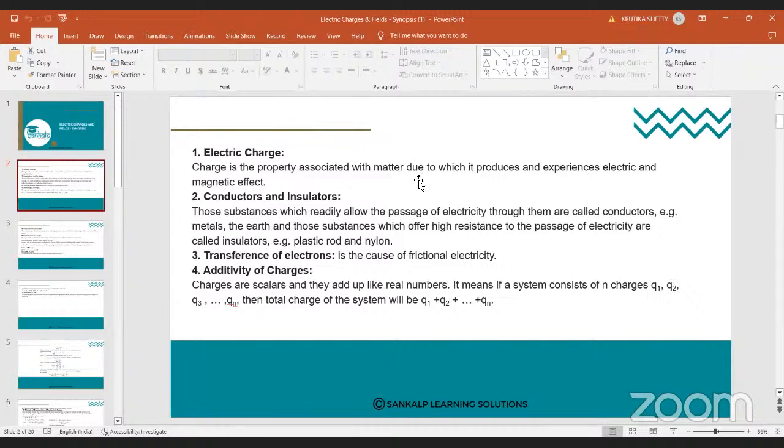So the matter will exhibit different properties, and charge is one such property. What this charge will do, the charge will produce or it will experience the electric and the magnetic field.